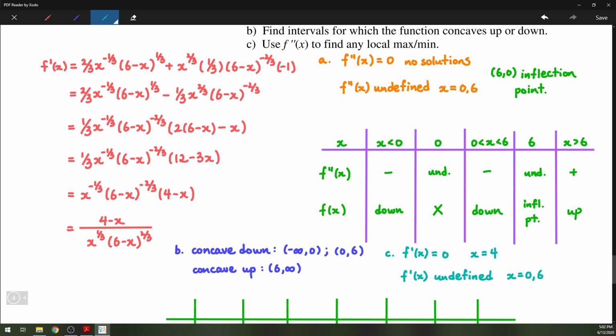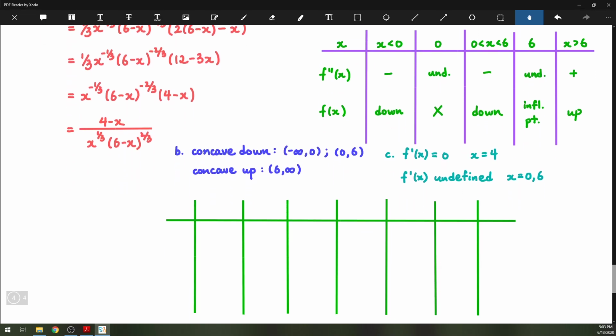Okay, so x equals 4 will make the first derivative 0, x equals 0 will make it undefined, and x equals 6 will make it undefined as well, as the arrows indicate the relevant parts of the derivative.